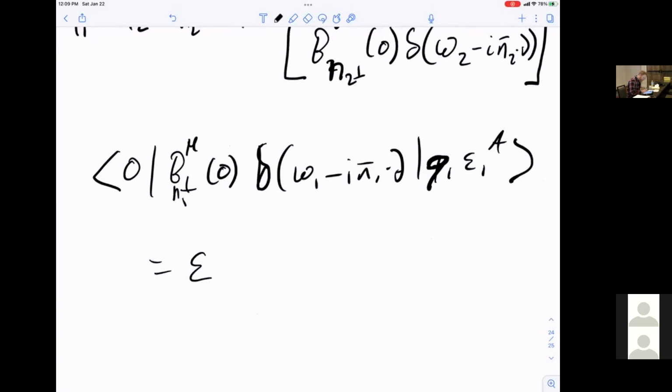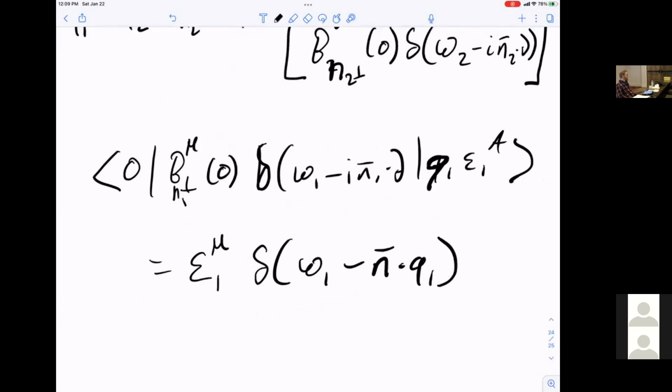This is going to give me my polarization with my index mu times a delta function, like so.